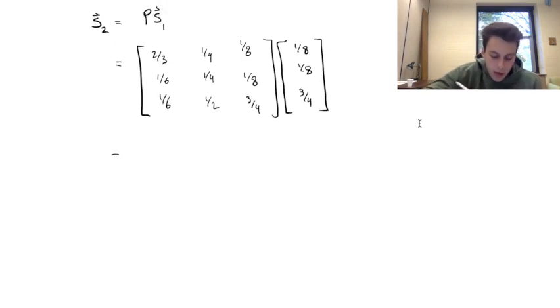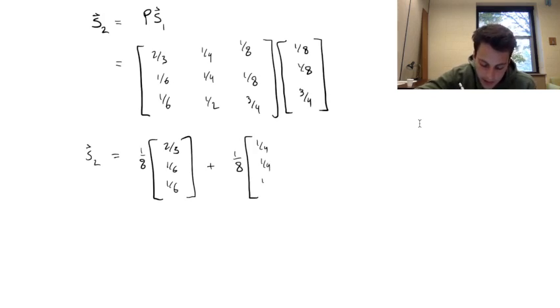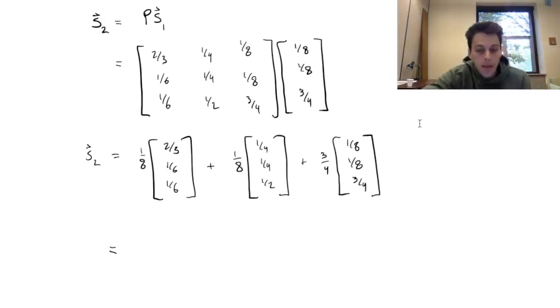So computing this, let me start setting this up. We know that S2 will be 1/8 times the first column here, plus the second entry of our vector, 1/8, times the second column of our matrix, and then the last entry, 3/4, times the last column of the matrix. So now this is just straight up algebra, and the algebra should get you the values.